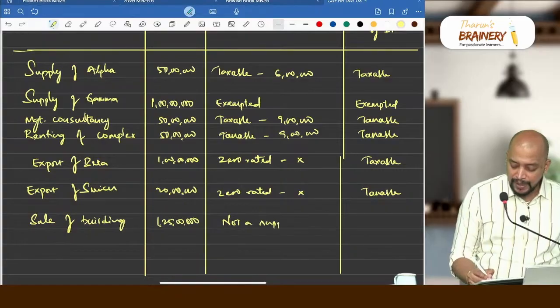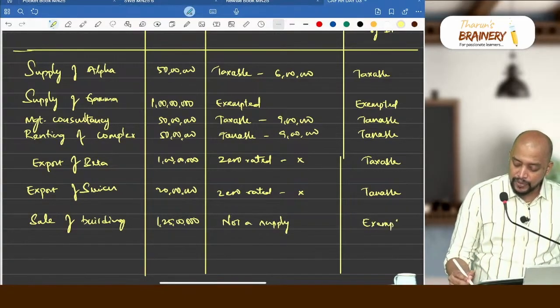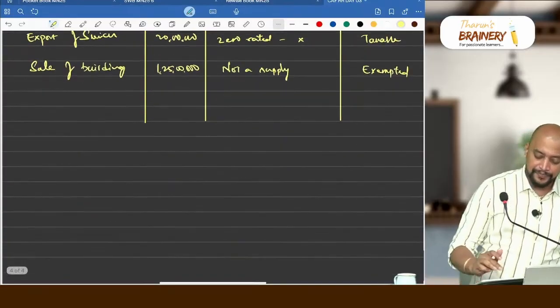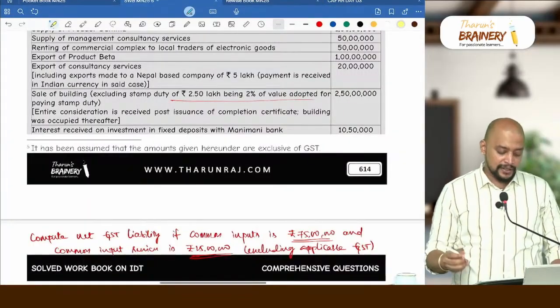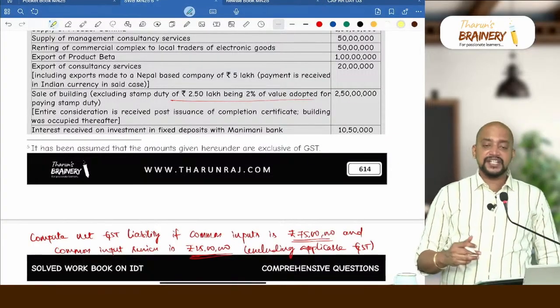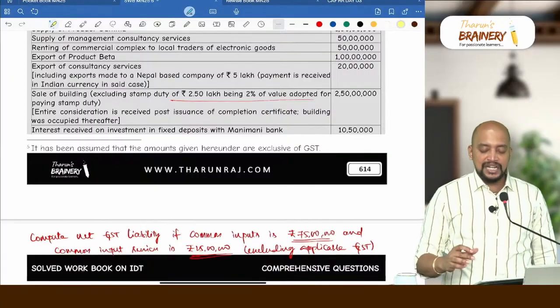As it is not a supply, payment of GST shall not arise, but for ITC purpose it will be treated as exempted.